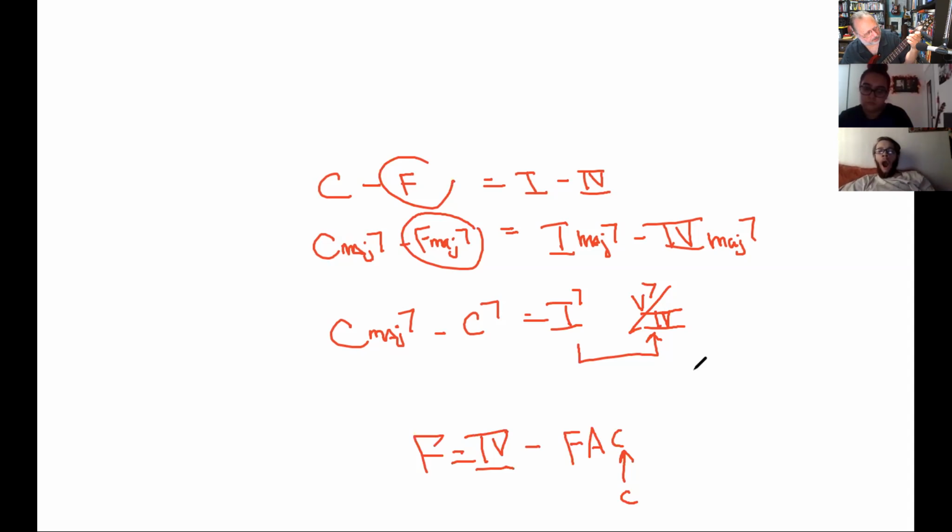Now F is the 1. Change it from a C to a C7. And you got that kind of a progression there. That happens a ton in pop music.